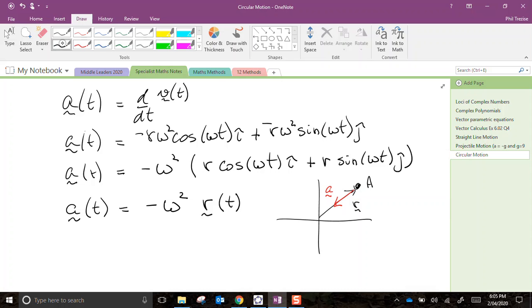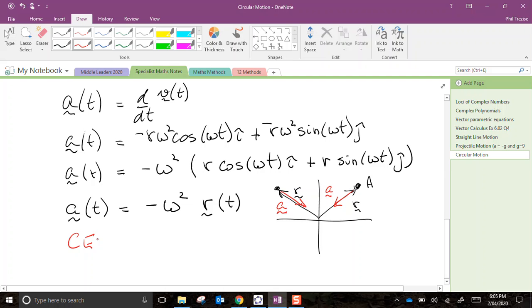Now, it wouldn't really matter where the particle was. If the particle was over here, the radius vector for the particle has changed. The radius vector is a function of time, it changes as time advances. The acceleration vector is still in the opposite direction. So the acceleration vector is always going to point towards the centre. There's a name for that.